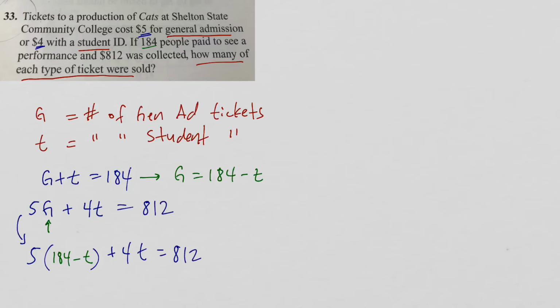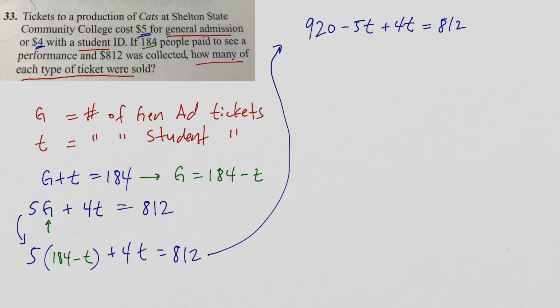That's just rewriting this and substituting that in. So now, I'll bring this up here. 5 times 184, let me grab a calculator, is 920 minus 5T plus 4T is equal to 812.